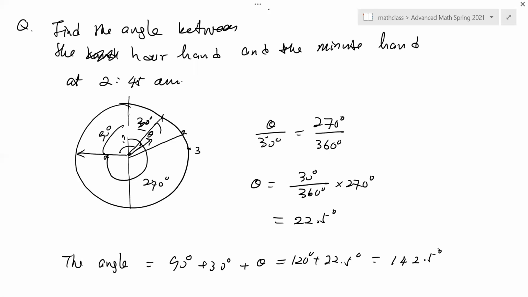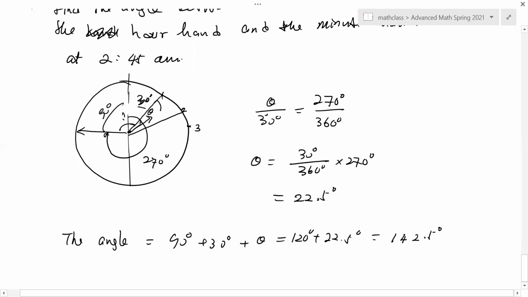What is 120, right? I'm talking about this angle, okay? Now, the other angle is, there are two angles here. We take the smaller one, right? We take the smaller one. Yeah, this is a 120, right?